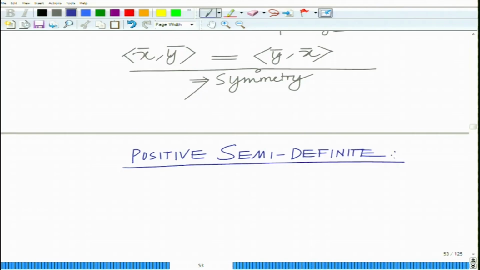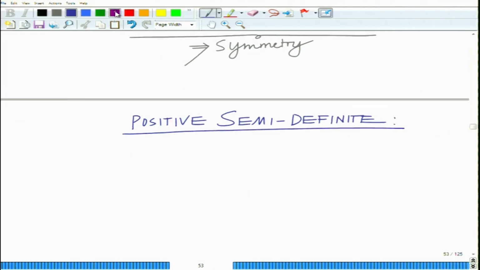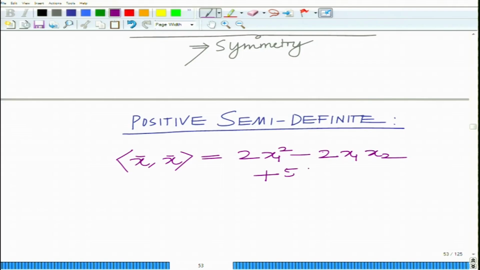Coming now to the positive semi definite property. If you look at x bar, that will be 2 x1 square minus 2 x1 x2 plus 5 x2 square.